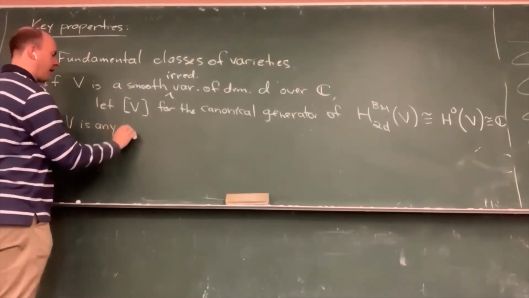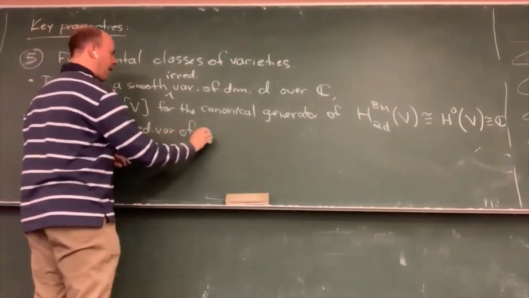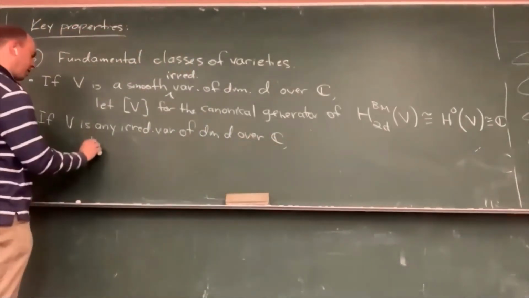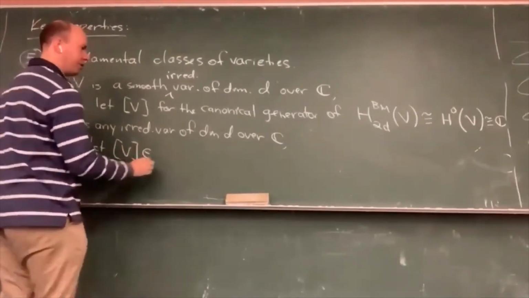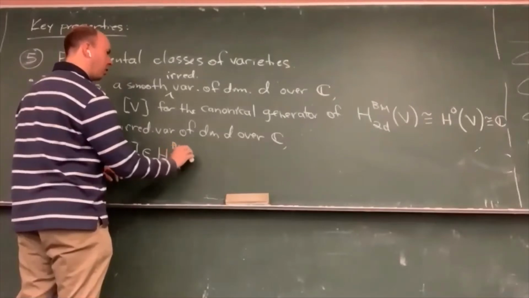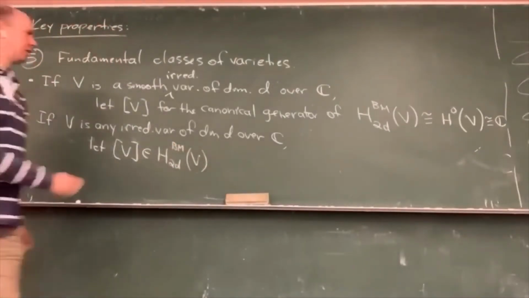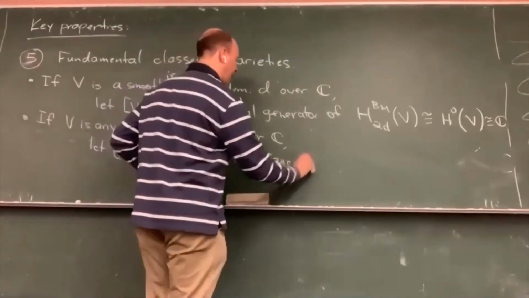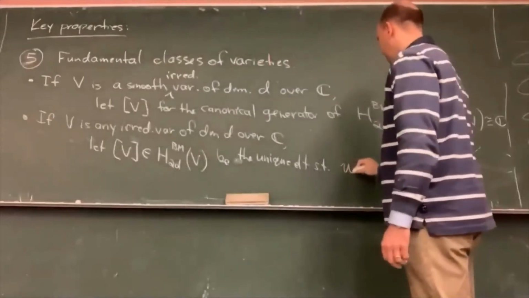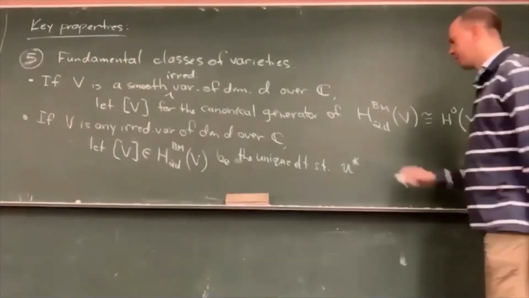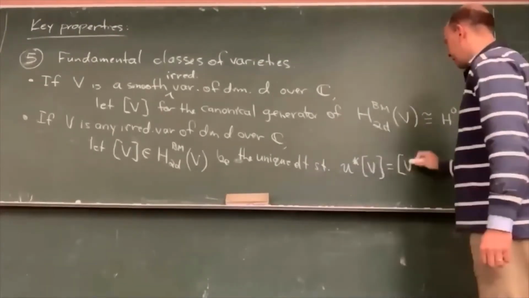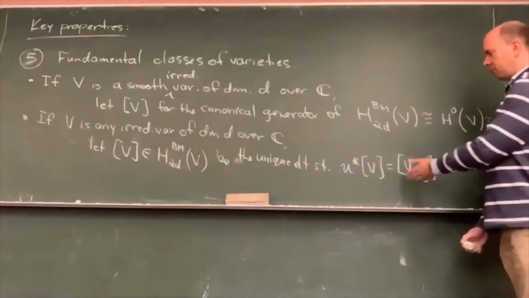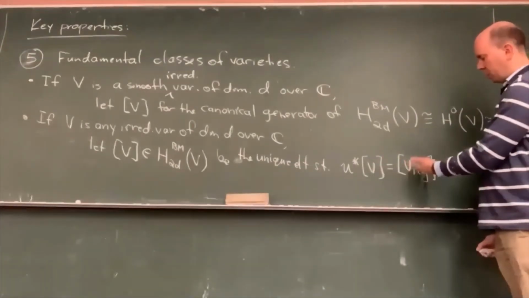So if V is any irreducible variety of dimension D over C, then you can show that there's a unique element of the 2D Borel-Moore homology of V such that when you use the pullback to the open subset of non-singular points, you get the fundamental class that we've already defined in the previous point for the regular locus of V. So V has some singularities, but they form a closed subset, and the complement is this open subset, the regular locus.